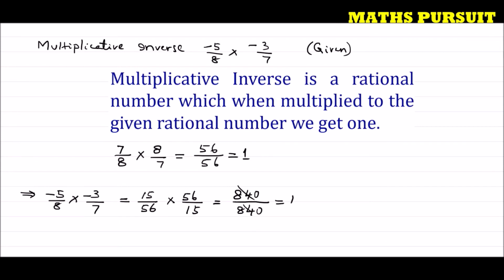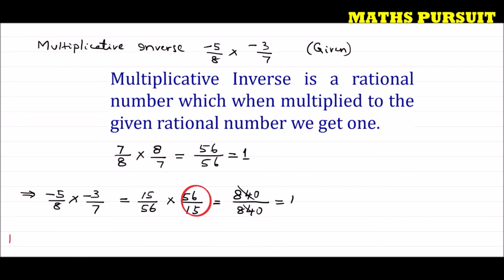So guys, we can now easily say that the multiplicative inverse of -5/8 into -3/7, which is 15/56, is 56/15. Hope guys you understood this. This is very simple and very straightforward.